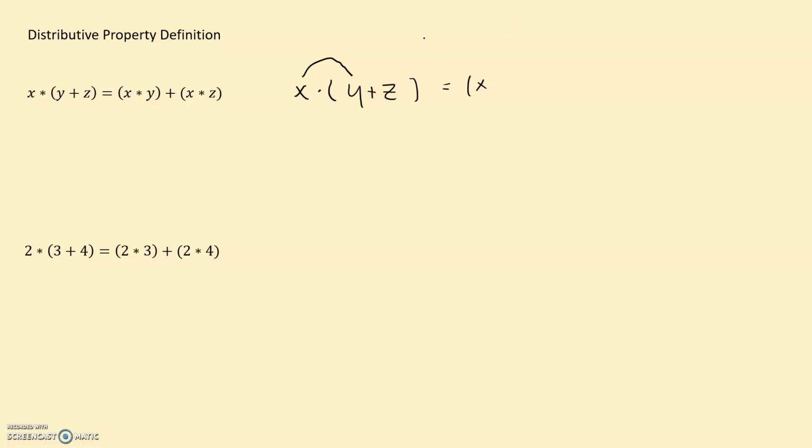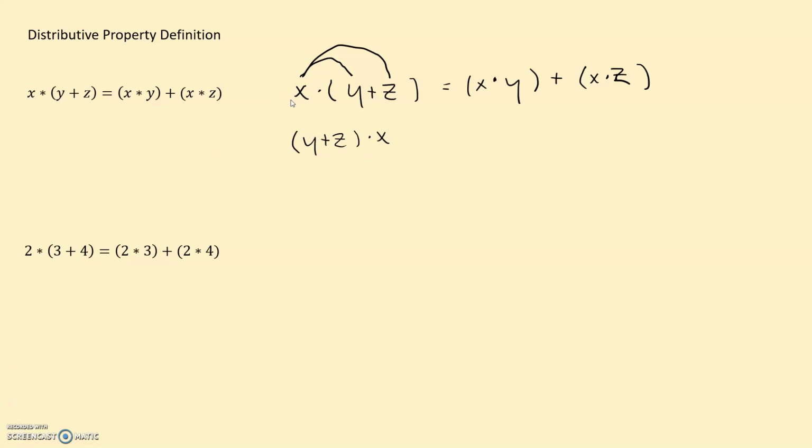x multiplied by y, and then plus x multiplied by z. Okay. And we can also think about it the other way.